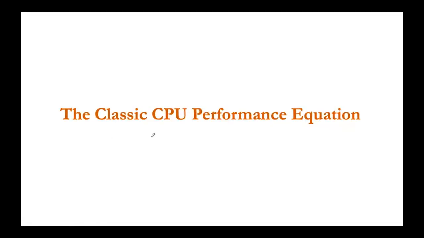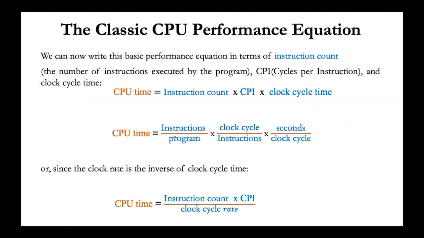Then comes the classic CPU performance equation, which we just discussed. We can now write the basic performance equation: CPU time is equal to instruction count multiplied by the number of clock cycles required per instruction and the clock cycle time. Instruction count means the number of instructions per program. CPI means the number of clock cycles per instruction, and clock cycle time means the number of seconds required for one clock cycle.